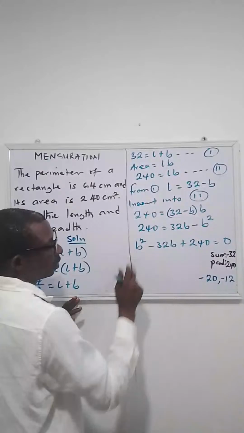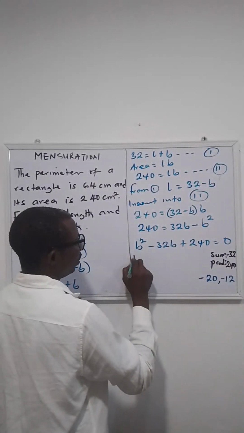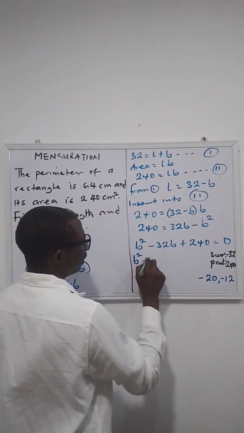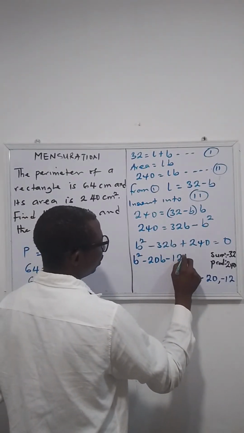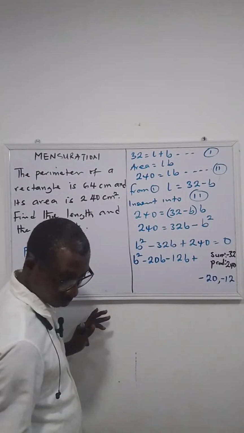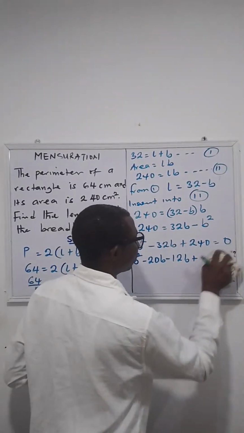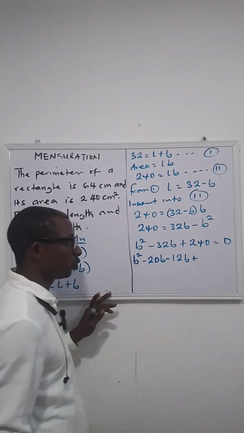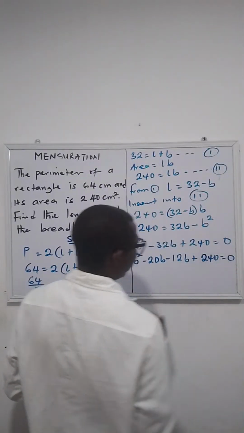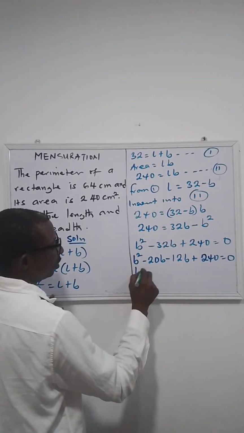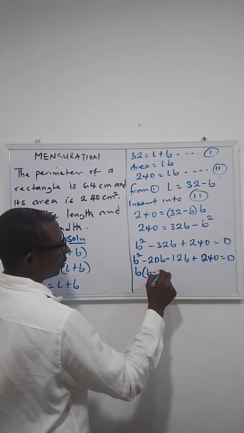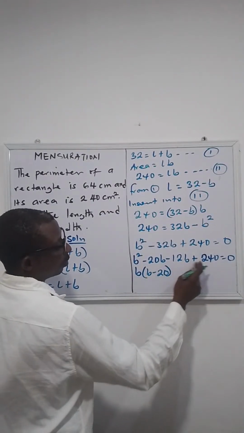So this equation turns to b squared negative 20b negative 12b plus 240 equals to 0. Here you can factor out b, so we have b minus 20. You can factor out negative 12 here.